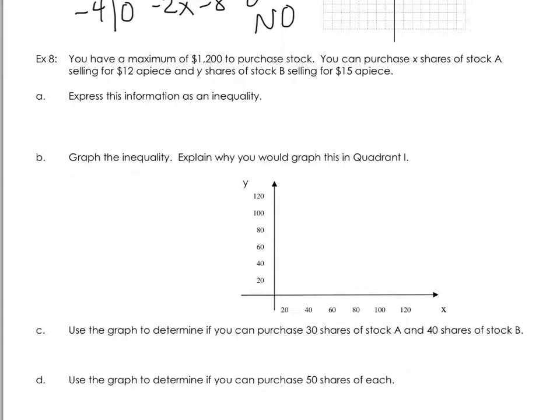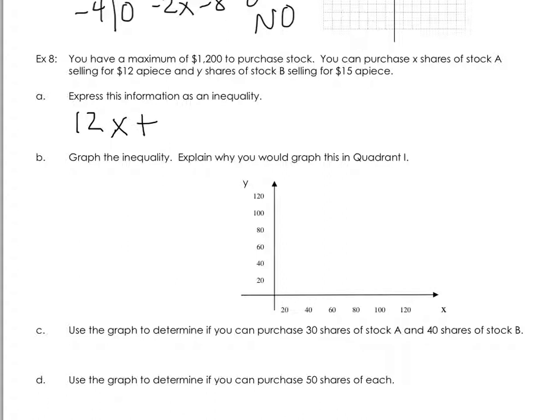You have a maximum of $1,200 to purchase a stock. You can purchase X shares of stock A, selling for $12 apiece, and Y shares of stock B, selling for $15 apiece. Express this information as an inequality. So you're buying stock. Stock A costs $12 for each one, and we're buying X shares of it.